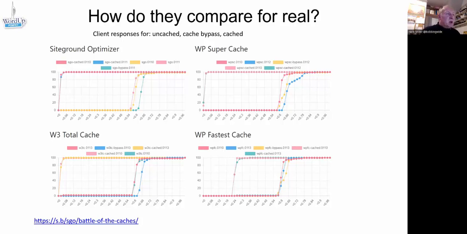And we can see SiteGround Optimizer, W3 Total Cache, WP Super Cache, pretty much the same. They're delivering nice and quickly because it's coming directly from the page cache. And WP Fastest Cache isn't as fast because it's having to go through a little bit of PHP to serve it up. That's my results so far on that.